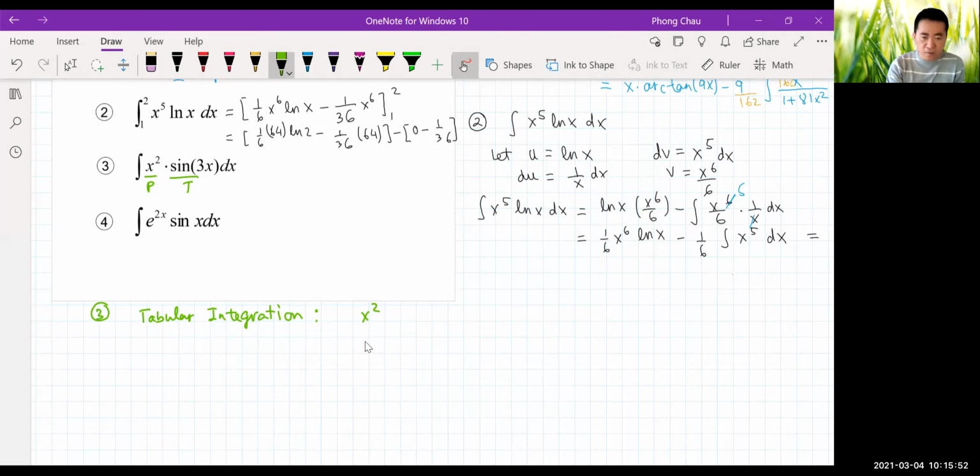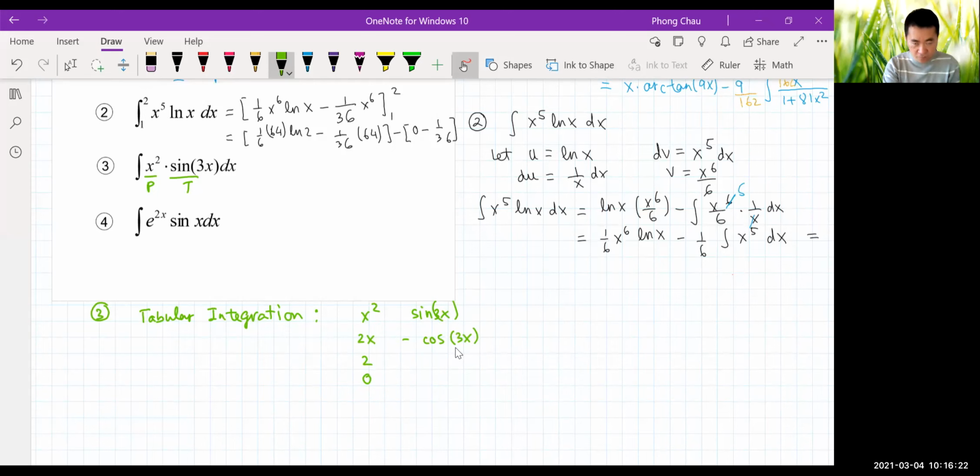Let's take the derivative. That is 2x, and the derivative of 2x is 2. Derivative of 2 is 0. Keep taking derivatives. The second function here is sine of 3x, and we're going to find the antiderivative. The antiderivative of sine is negative cosine.